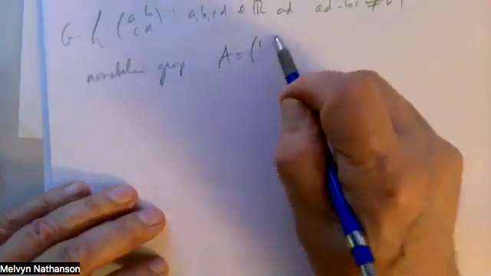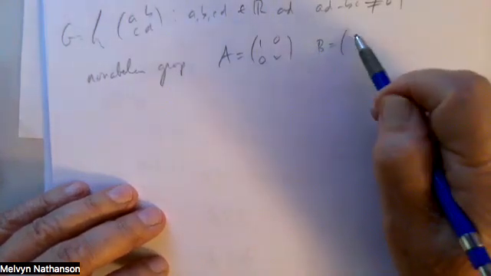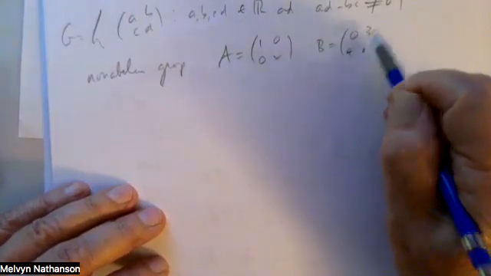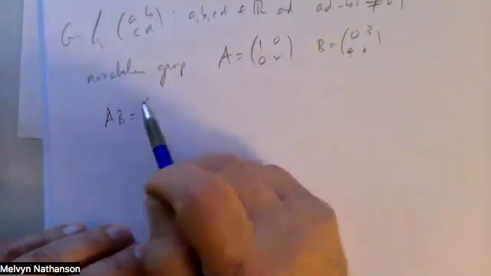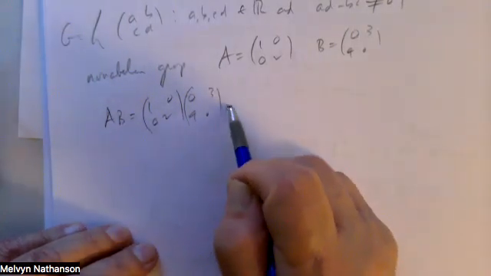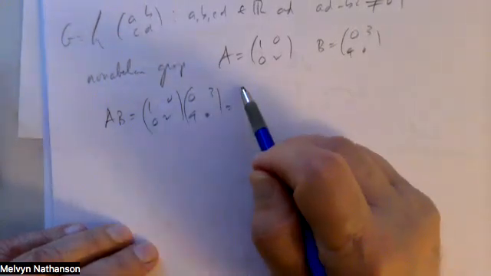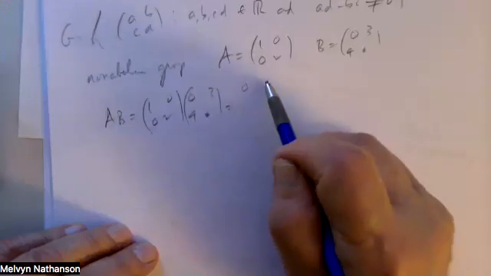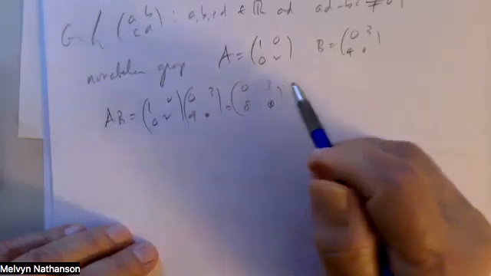And you can see it's non-abelian by just taking almost a random example. If I take A to be, let's say, 1, 0, 0, 2, and B equal to, I don't know, 0, 3, 4, 0, let's see what happens when I multiply AB. If I multiply these, I get 0, 3, 8, 0.